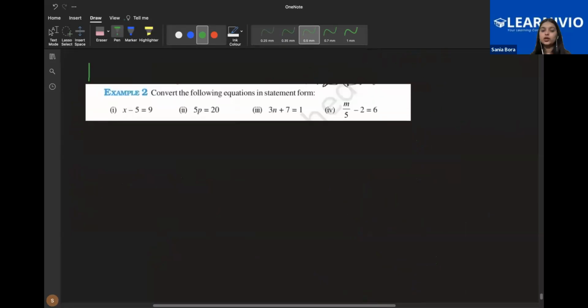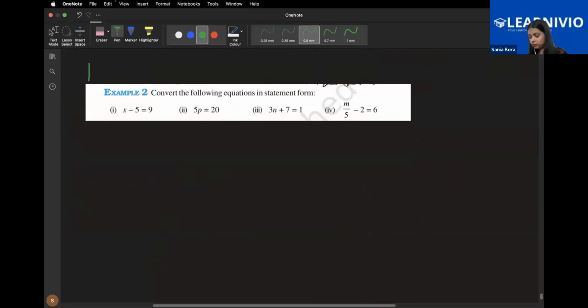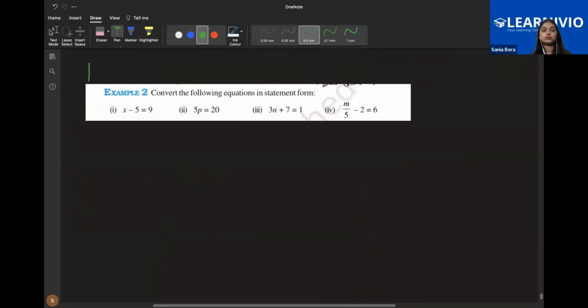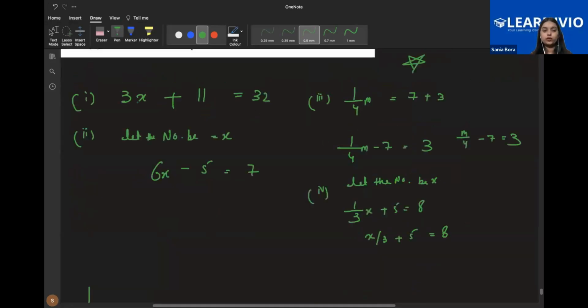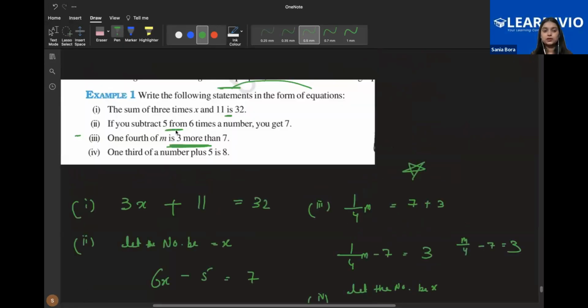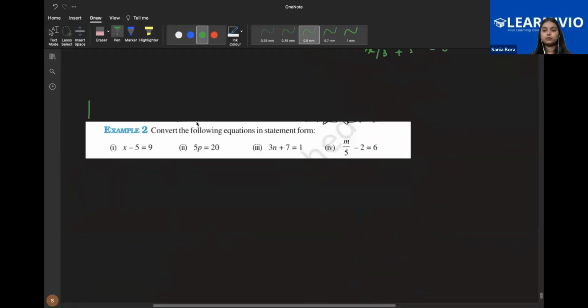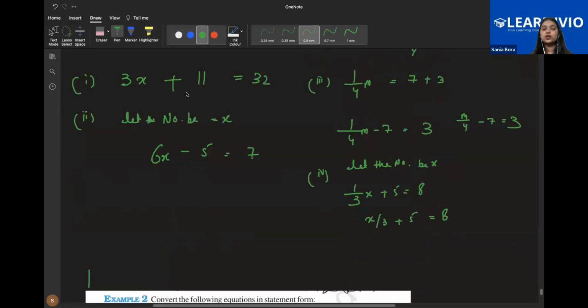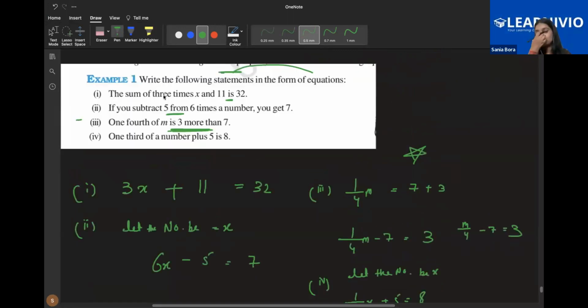Write down in your notebook and then we'll discuss whether it's correct or not. Ma'am, in statement form means I have to write like a statement? Yes, the way we wrote here previously, like the sum of 3 times x and 11 is 32, or if we subtract 5 from a number x, we get this.